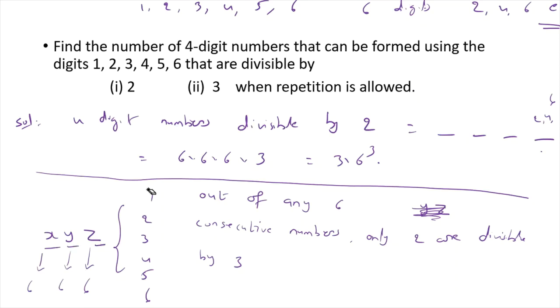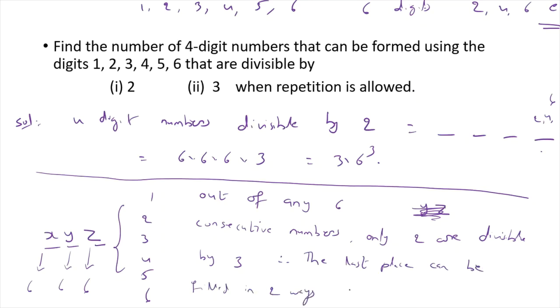After that I can fill the last blank in only 2 ways, because out of these 6 consecutive numbers, only 2 numbers are divisible by 3. Out of any 6 consecutive numbers, only 2 numbers are divisible by 3. Therefore the last place can be filled in 2 ways.